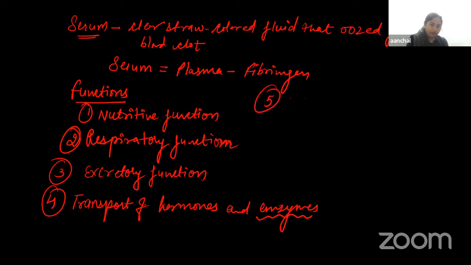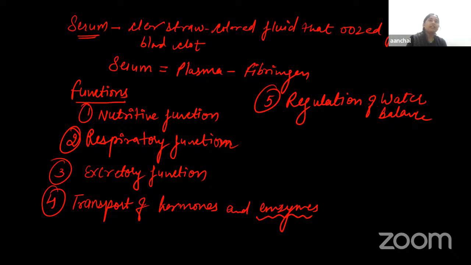Then we have regulation of water balance, right? So the blood also helps in the regulation of water content inside the body. Whenever the amount of water content decreases, ultimately the urine output also decreases.